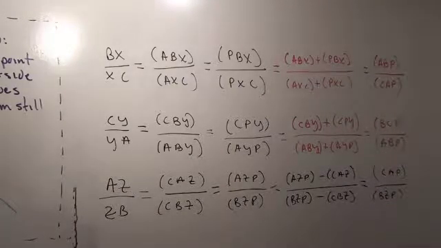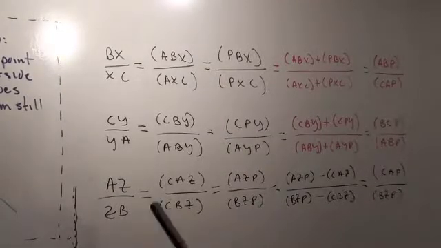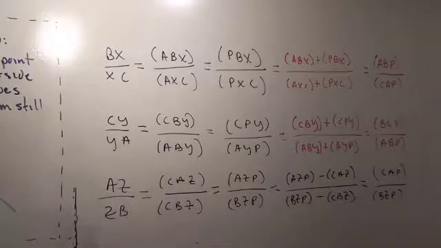Now you can follow the math as well, and Andrew, I'm sure you're going to go back and do this, to find that CY over YA. Let's go back over here.